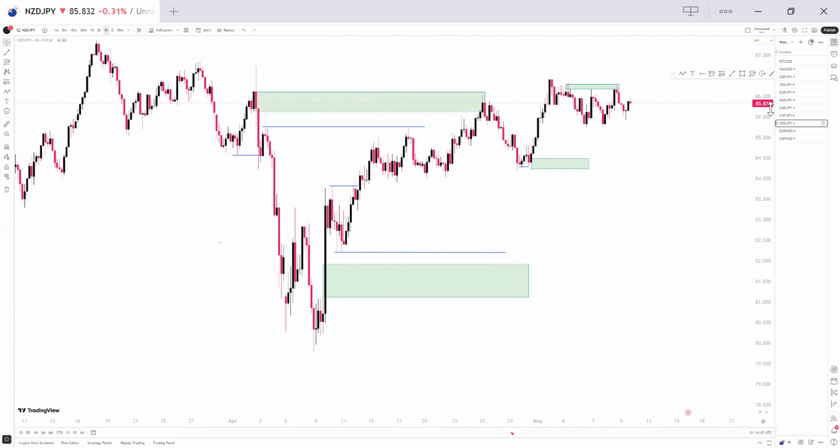Now, what do you see? You have price taking out the sell side liquidity here. You can call this place your A. You can call this place your B. And this place will be your C.